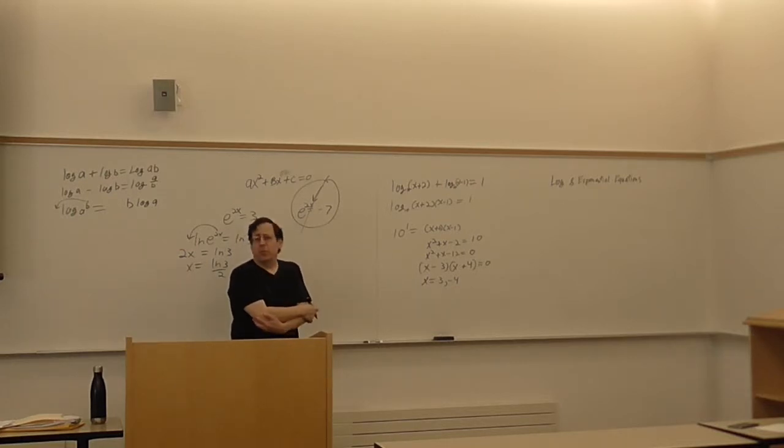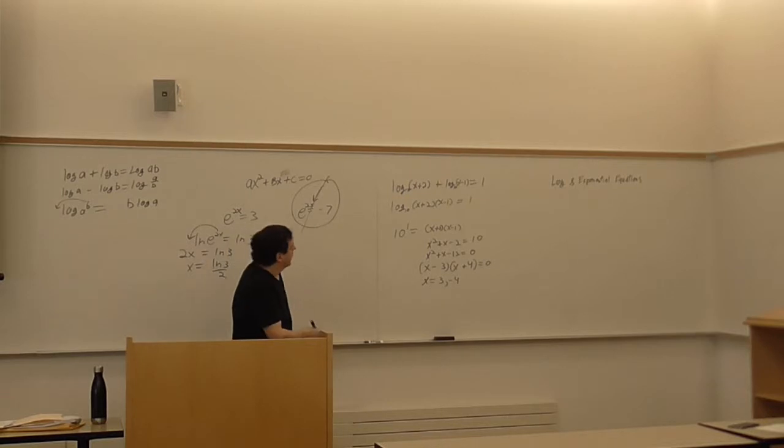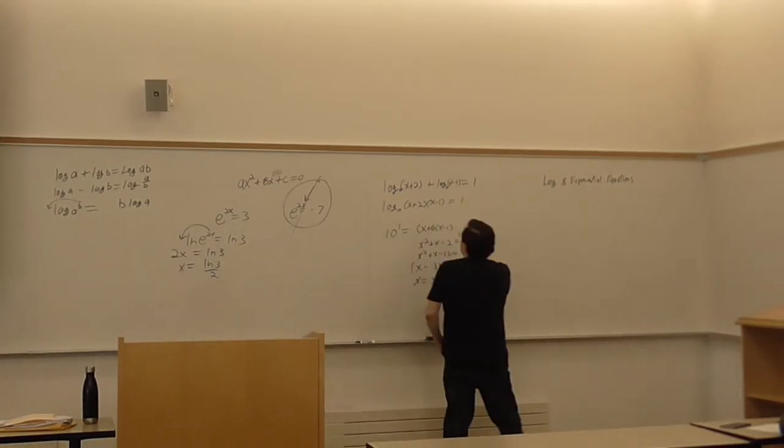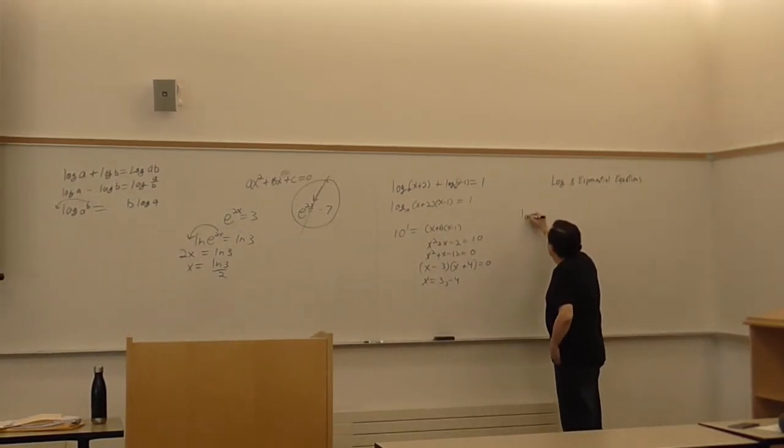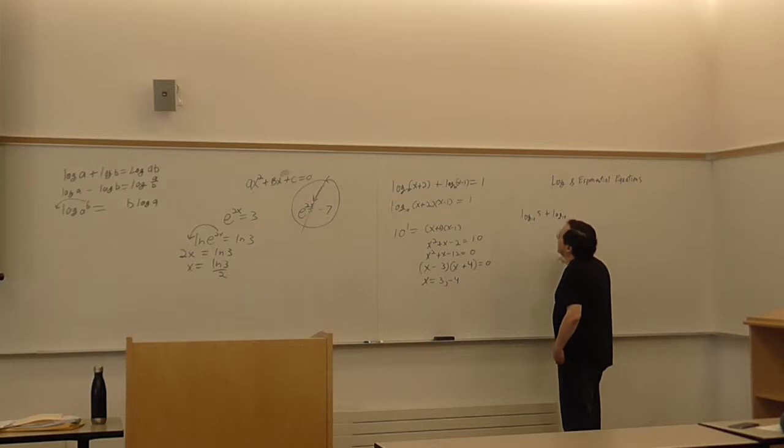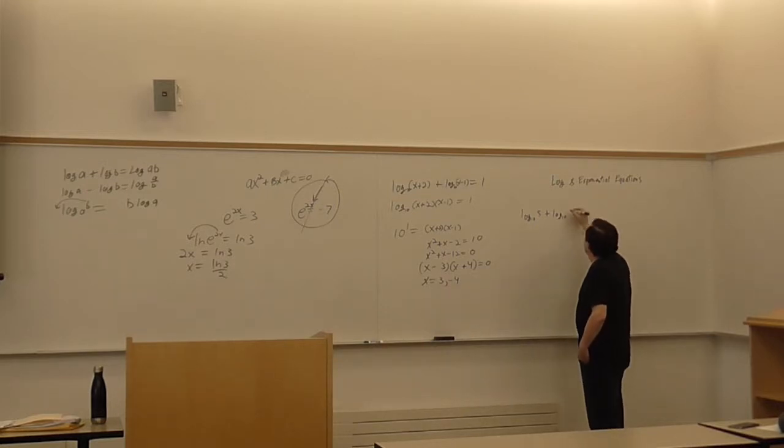Okay, but we really have to check these. One of them looks a little suspicious. Plugging in 3, we get log to the base 10 of 5 plus log to the base 10 of 2 equals 1.